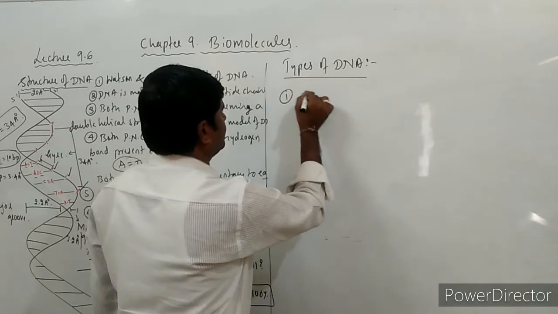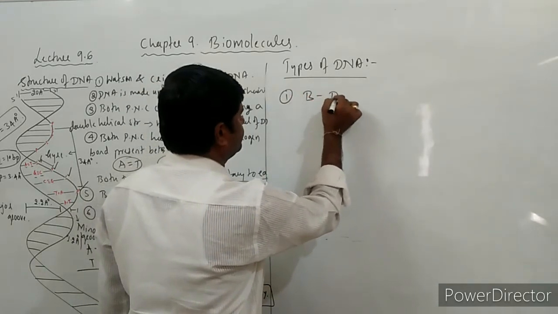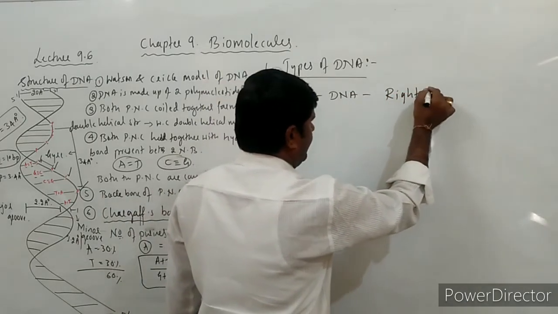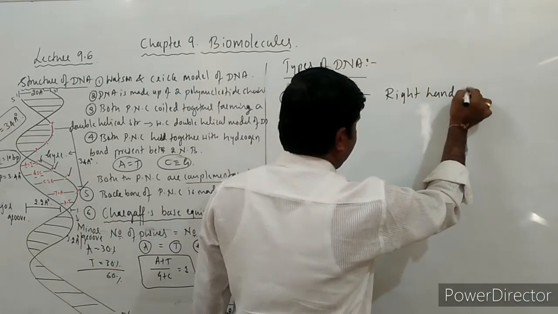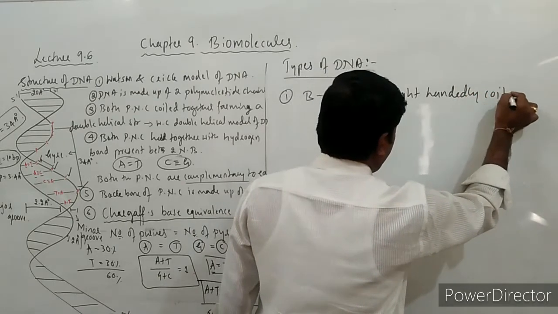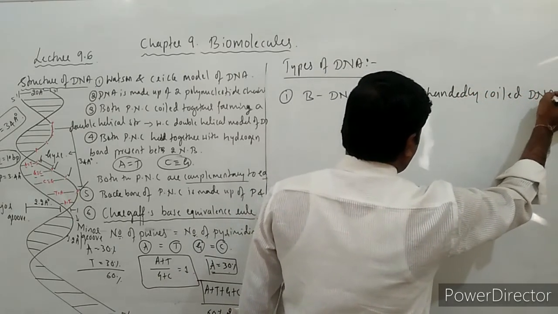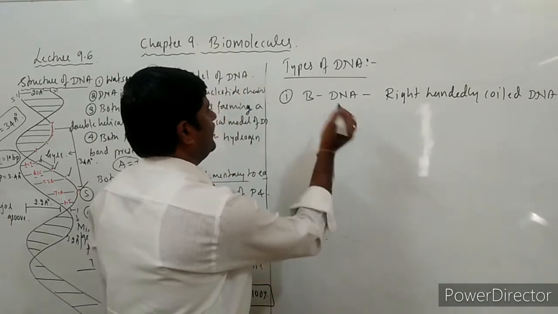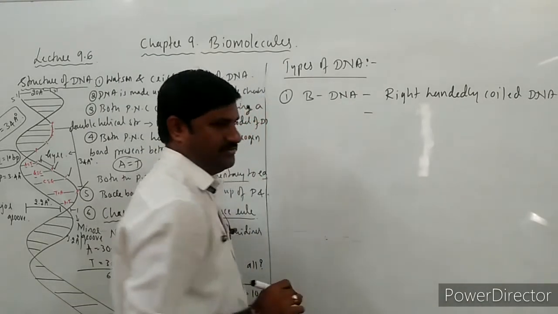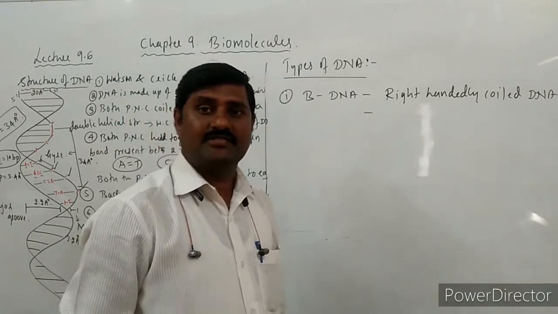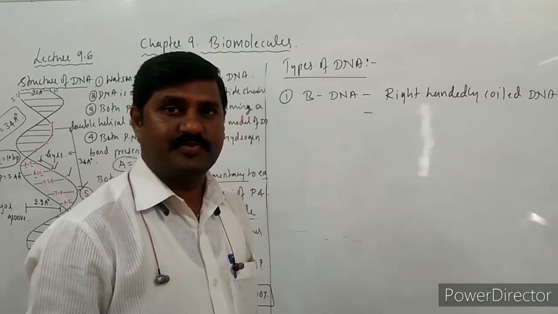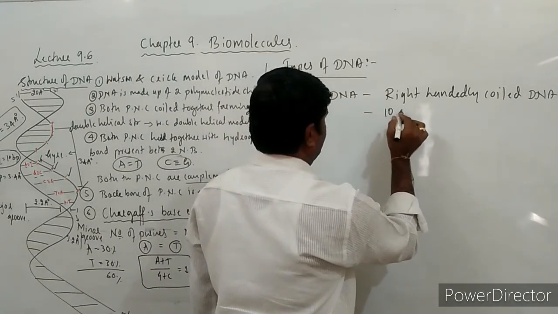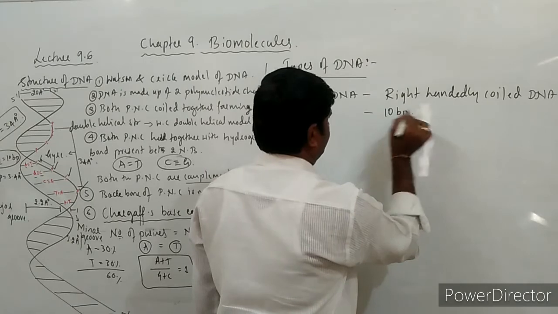So first DNA is B DNA. It is a right-handedly coiled DNA. As we know, the number of base pairs per turn is 10 base pairs per turn.